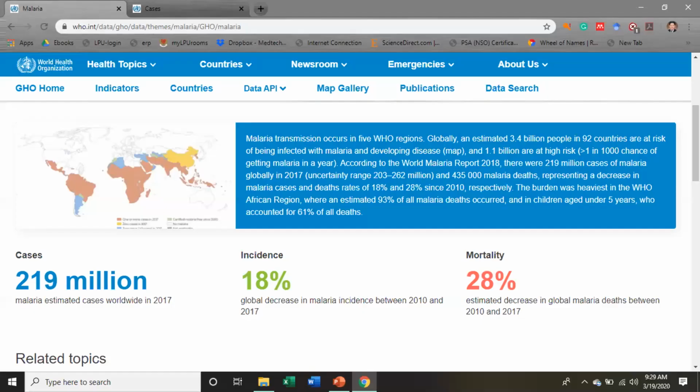If we take a look at the data coming from the WHO, in the year 2017, there was an estimate of 219 million people who contracted malaria. There was an 18% decrease in global malaria incidence between 2010 and 2017, and a 28% decrease in global malaria deaths between 2010 and 2017.